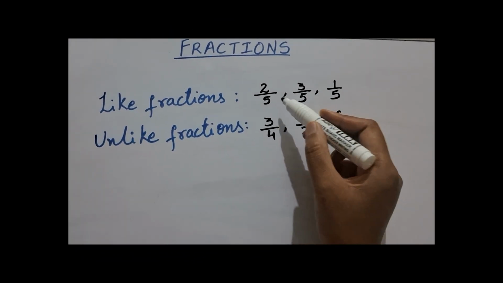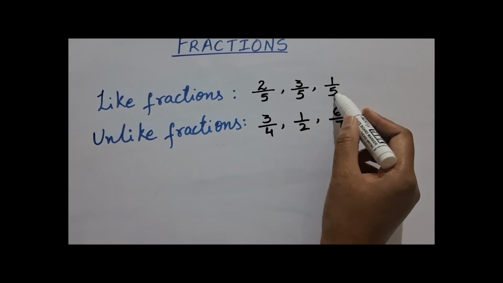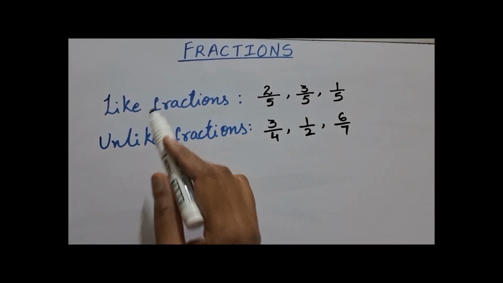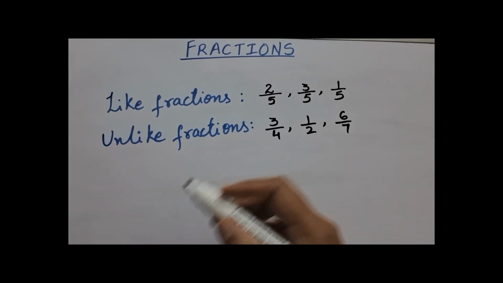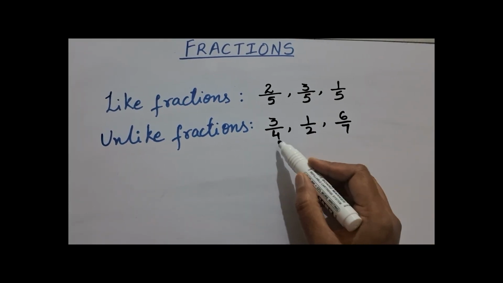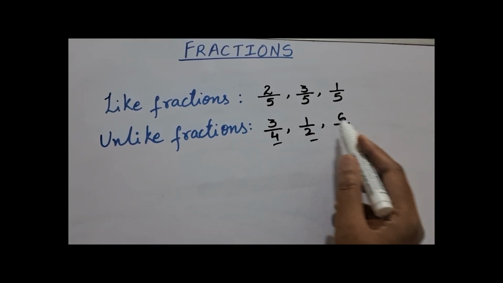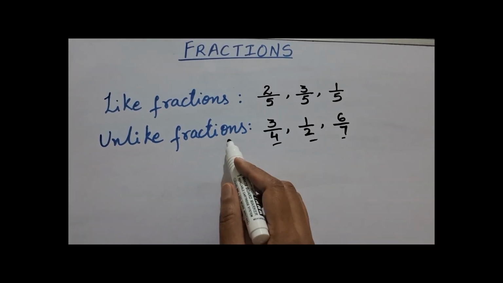The fractions which have the same denominators are called like fractions. And the fractions which have different denominators are called unlike fractions.